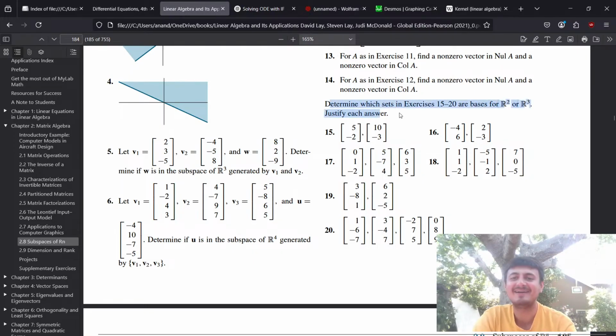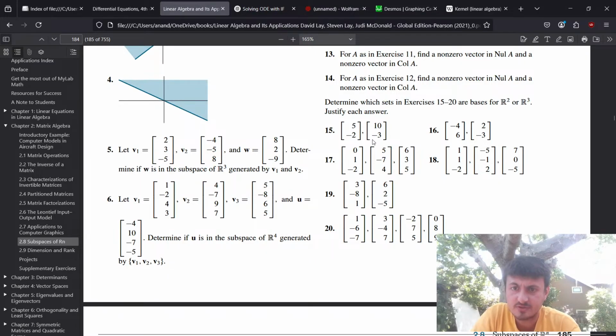All right. Which sets are bases for R2 or R3? Okay, this one. When they only give you two vectors, it's pretty nice because you can just check if they're scalar multiples of each other, and they're not. So therefore, this is a basis for R2. Whereas this one, you multiply this by -2. The span of this is only one dimensional.